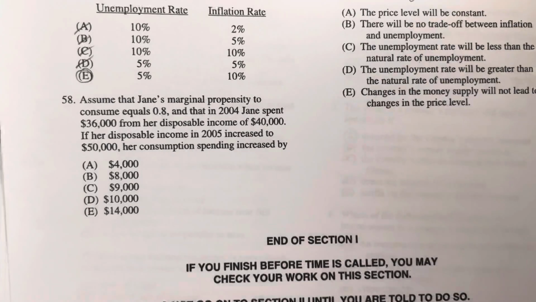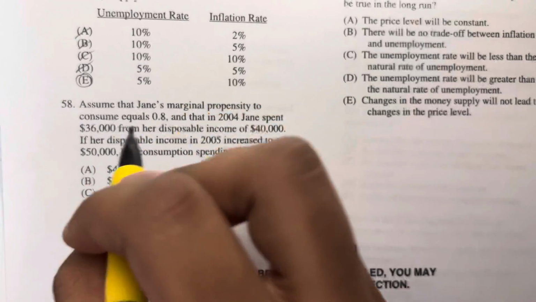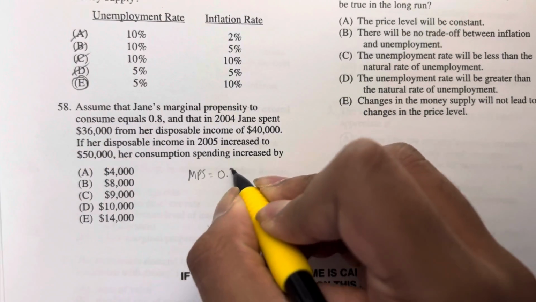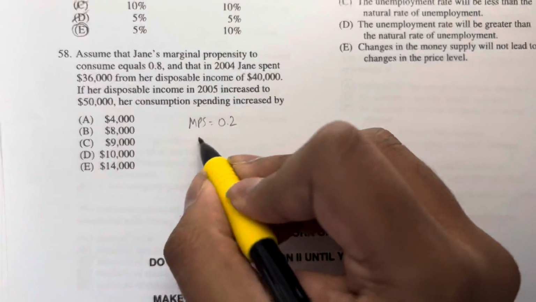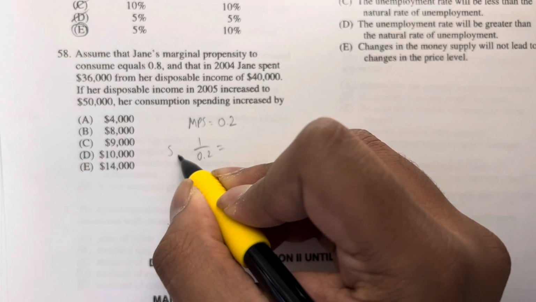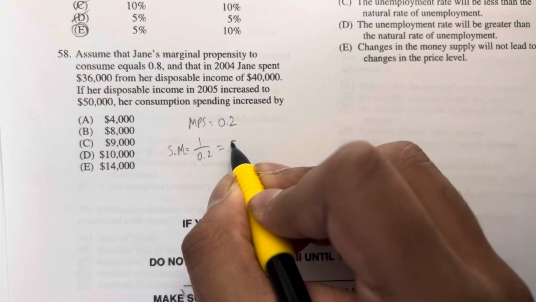All right, 58. Assume that Jane's marginal propensity to consume equals 0.8 and that in 2004 Jane spent $36,000 from her disposable income of $40,000. If her disposable income in 2005 increased to $50,000, her consumption spending increased by? So MPC equals 0.8, so MPS equals 0.2. And then you do 1 over 0.2 for the spending multiplier, which equals 5.